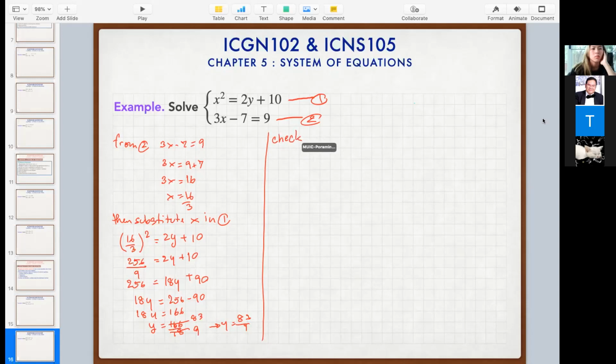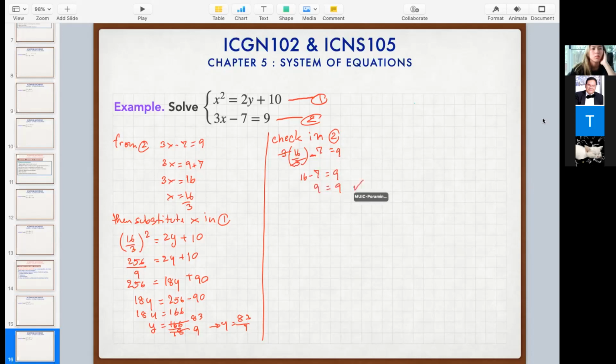For sure, we check in equation number 2 first. If we check for x, 3 times 16 over 3 minus 7 equals 9. That means we get 16 minus 7 equals 9. 9 equals 9.